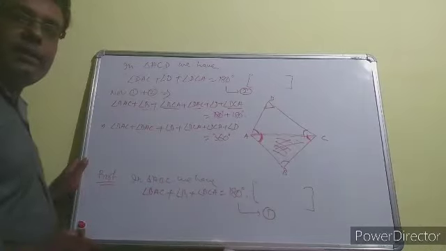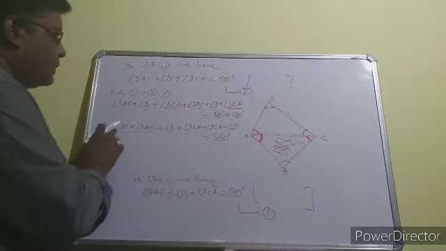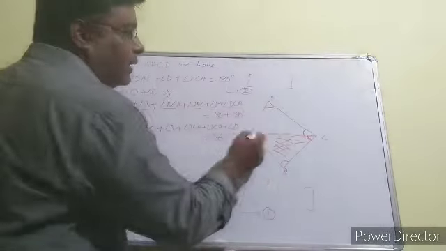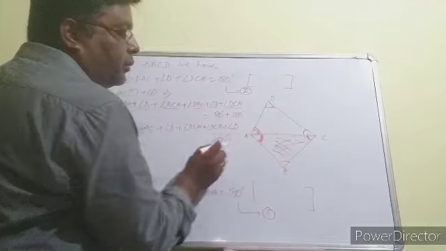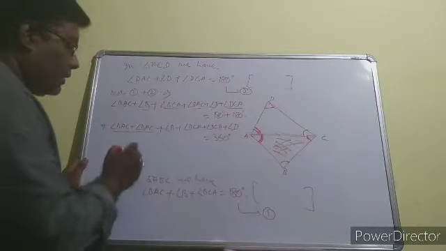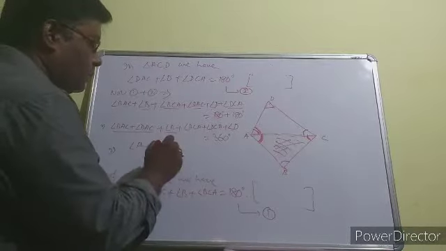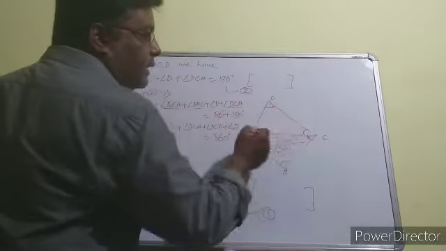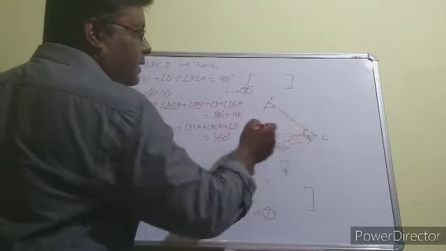is 360 degree. Now this implies if we add BAC and DAC, BAC this angle and DAC this angle, if we add these two angles, we get the whole angle A. It is angle A plus this angle B plus BCA this angle plus DCA this angle.